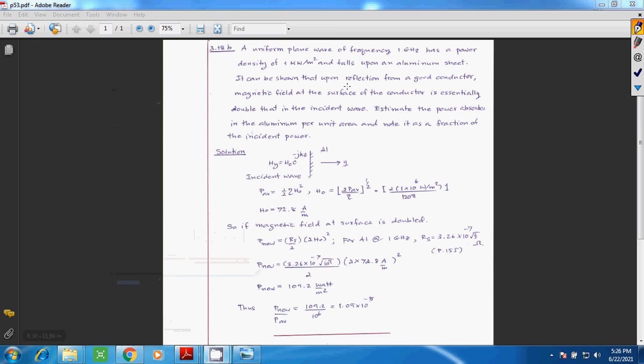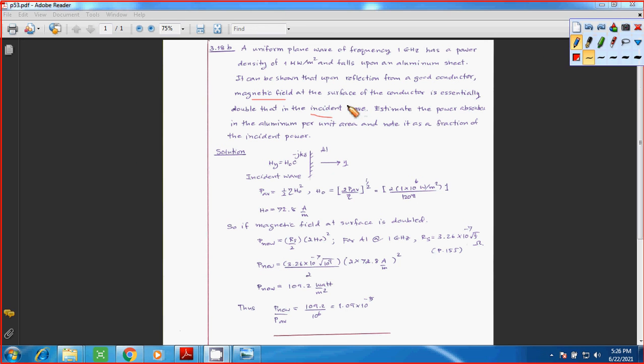Estimate the power absorbed in the aluminum per unit area, and note it as a fraction of incident power.